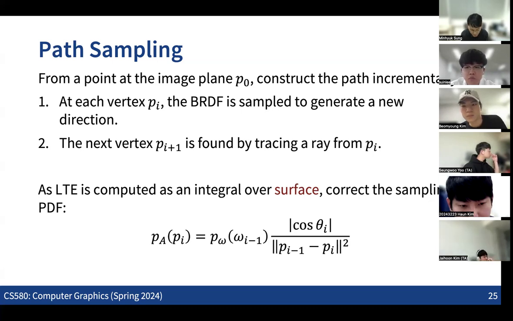Our programming assignment does not include the path tracing part, which might be complicated to implement, but the path tracing should be included in the base code, so I recommend you check it out. For a more complete version, I also recommend the physically based rendering book. It has all the ideas about path tracing implementation.